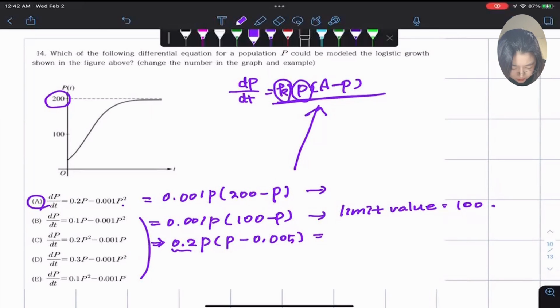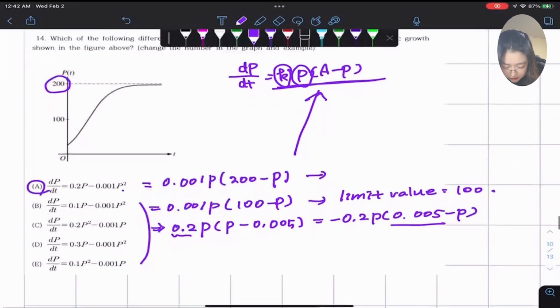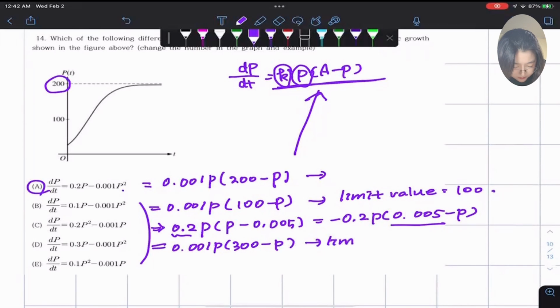So this is 0.2 P times 5 minus P. And D: extract 0.001 P like this, multiply the latter part by 1,000, 300 minus P. The limit value is 300.